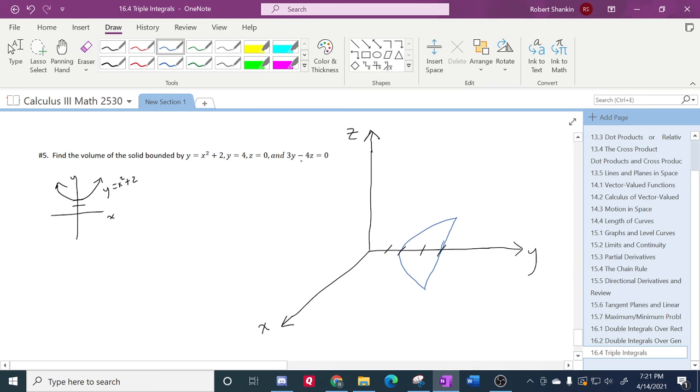And then this other boundary, let's take this, move the z to the other side, and solve for z. z equals 3/4 y. Now, this is saying that the x can be anything. Let's just put this equation down. When the y is 0, the z is 0.